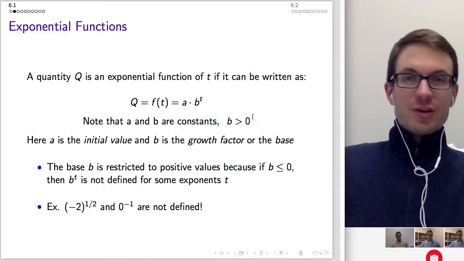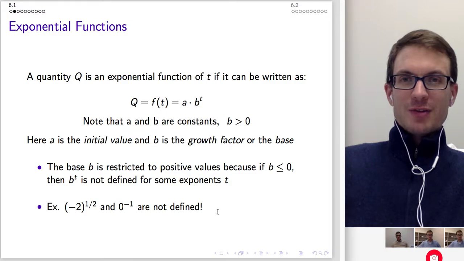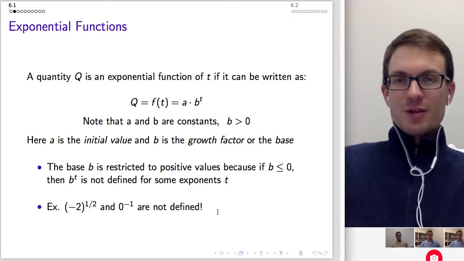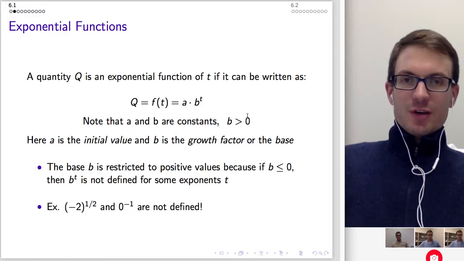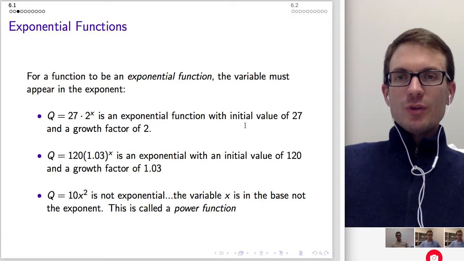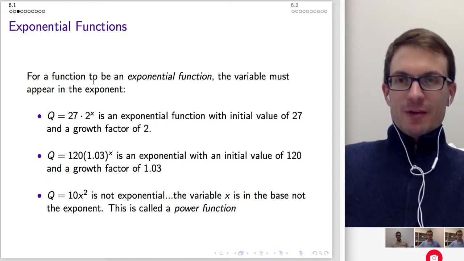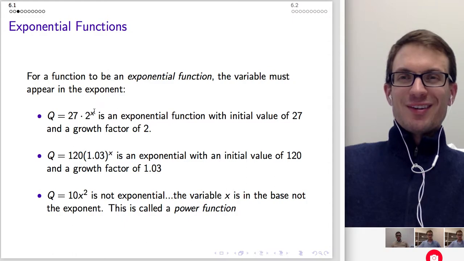And to avoid both of these, we're just going to require that b is always positive. Okay, so you probably knew that already. Here we're just formalizing this with an example, and then with this explanation. Okay, so some examples. For a function to be an exponential function, the variable must appear in the exponent.